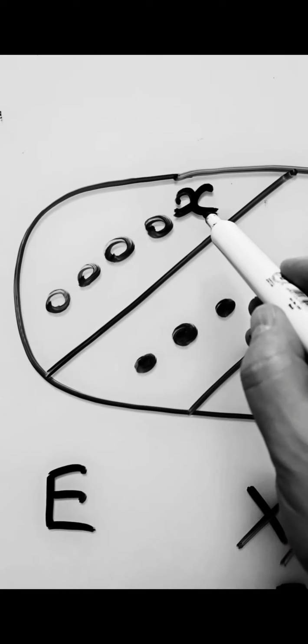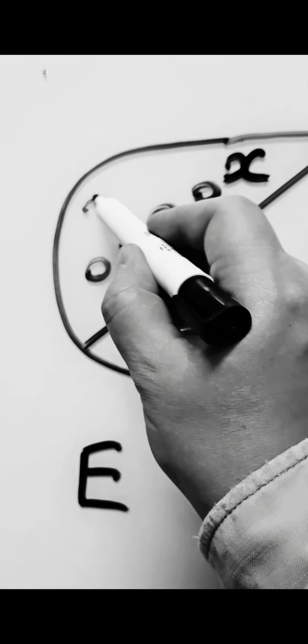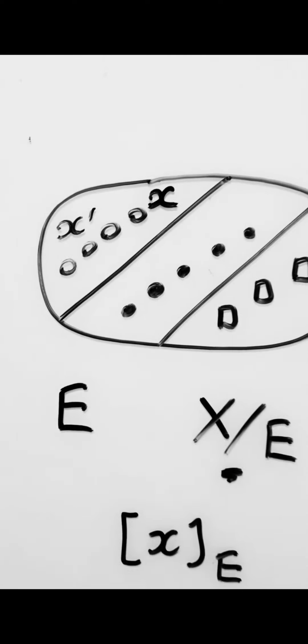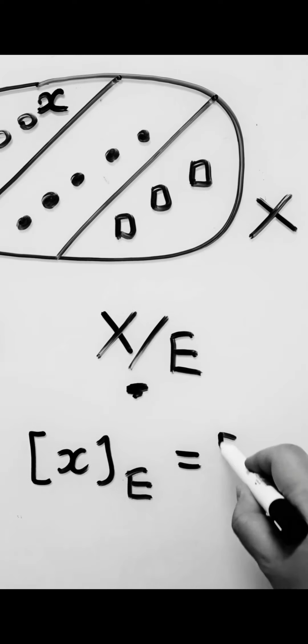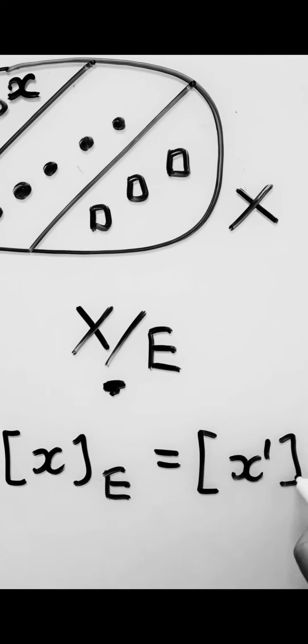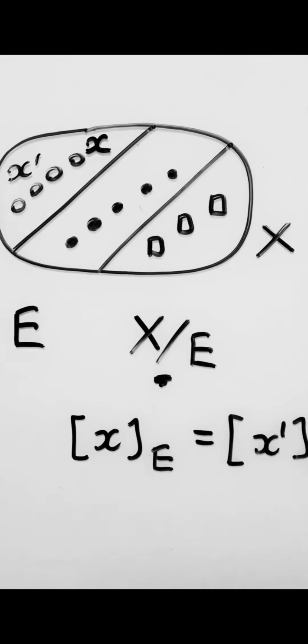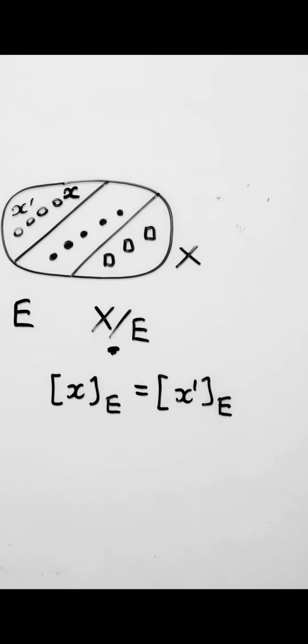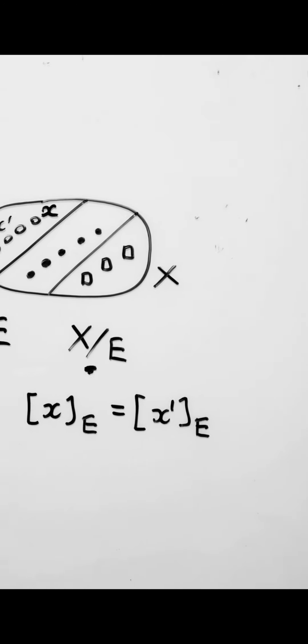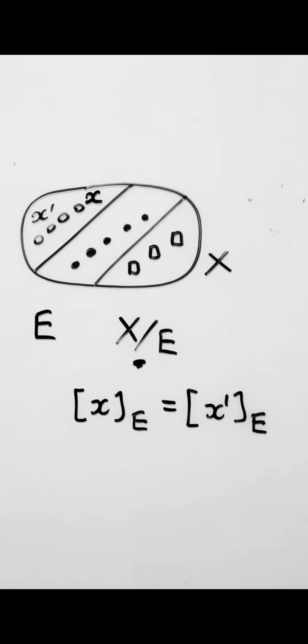Notice that if I picked another element from the same grouping, let's say x prime, this would yield the same value for the so-called equivalence class, because x and x prime belong to the same class since they are similar.